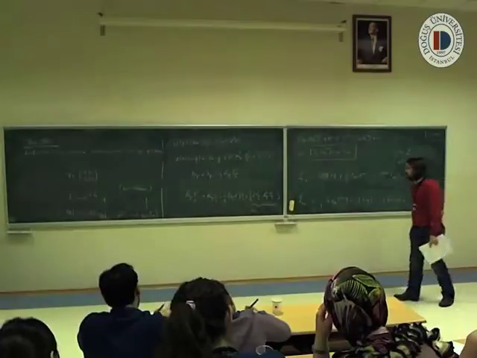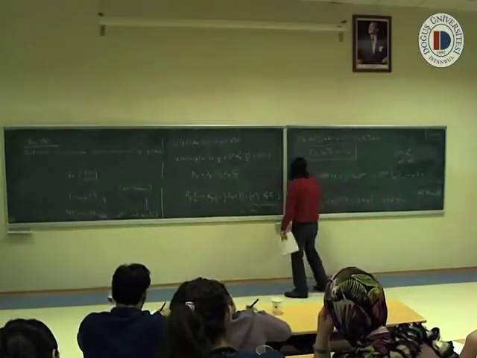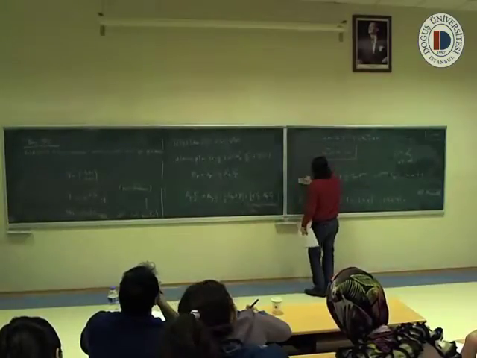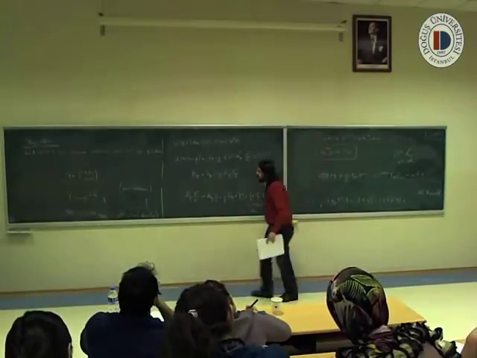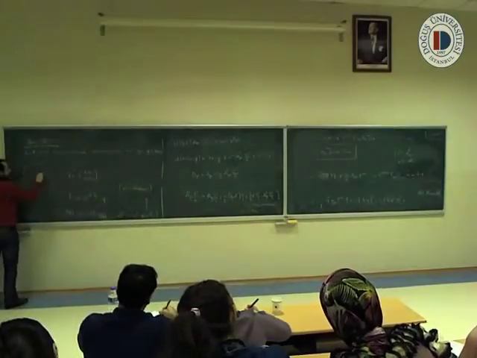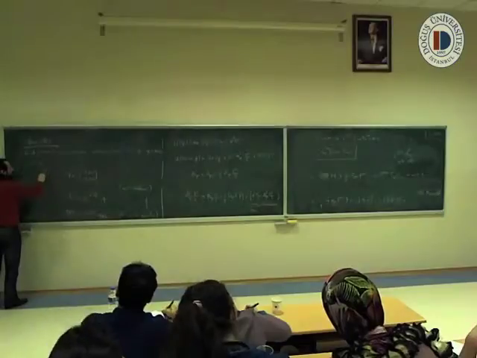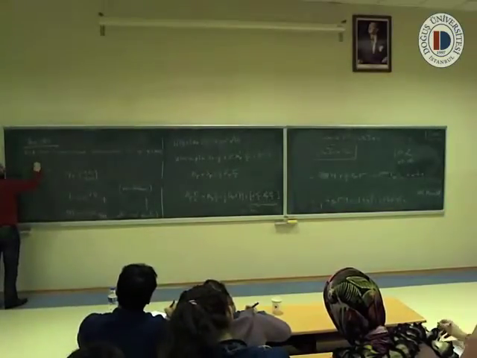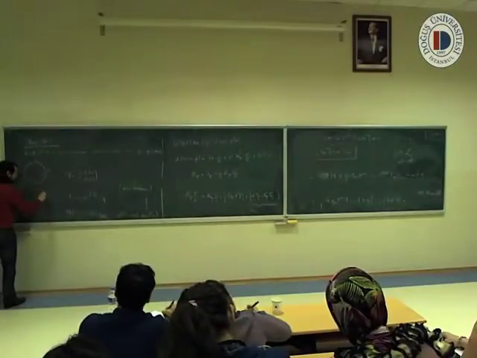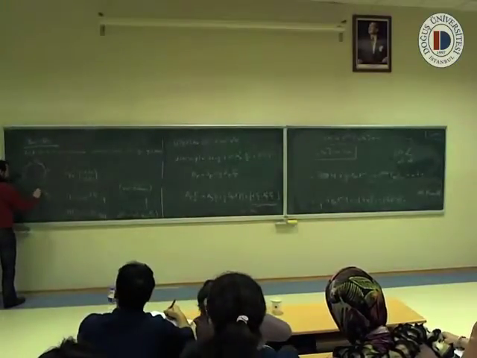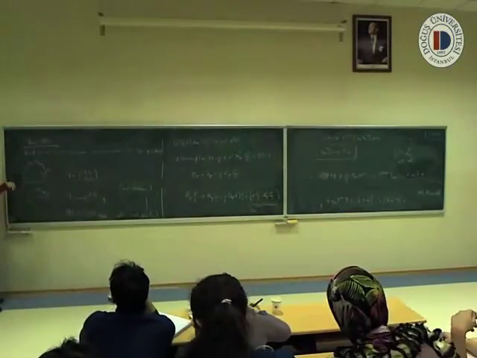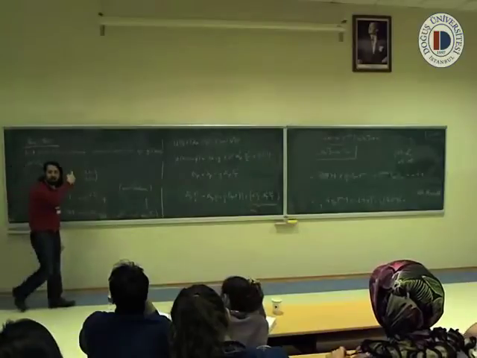This is reflecting the non-commutative behavior of the gauge field. Because again, in the U(1) case, with phase rotations, if you rotate first with alpha 1 and then with alpha 2, it's the same as rotating with alpha 2 first and alpha 1 later. So they commute. But that's not true for SU(2).